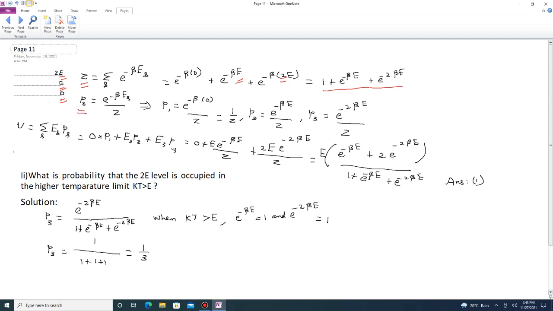This is the expression of Ps. So P1 is 1 by Z, P2 is e power minus beta E divided by Z, and P3 is e power minus 2 beta E by Z.